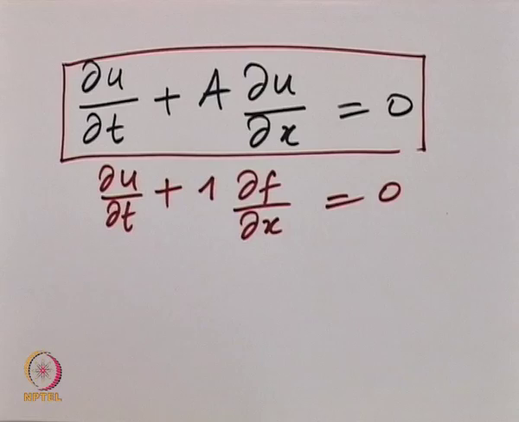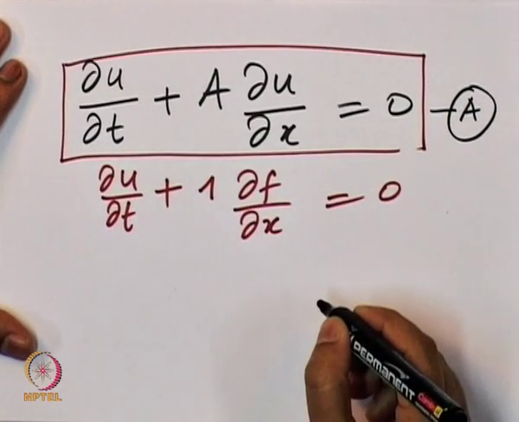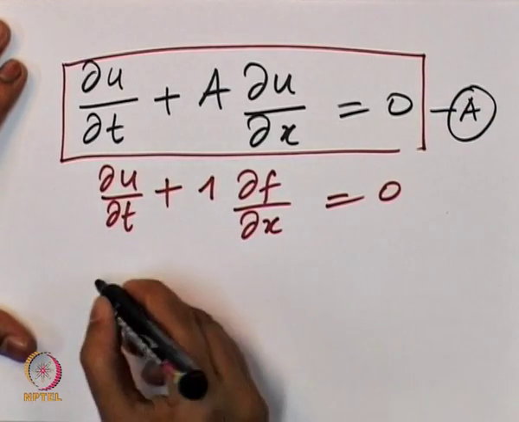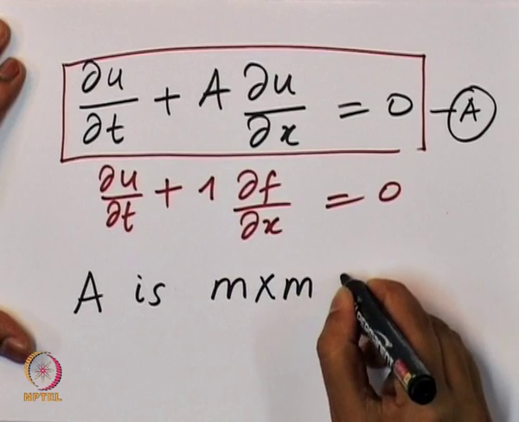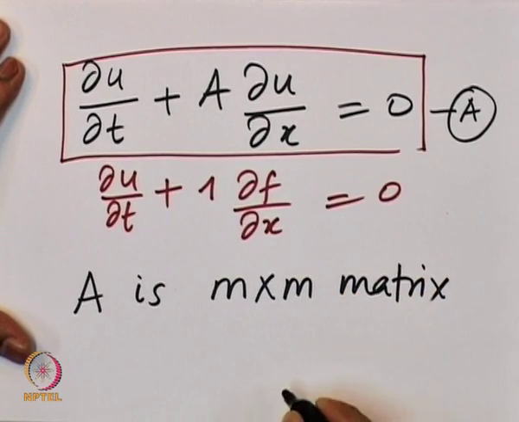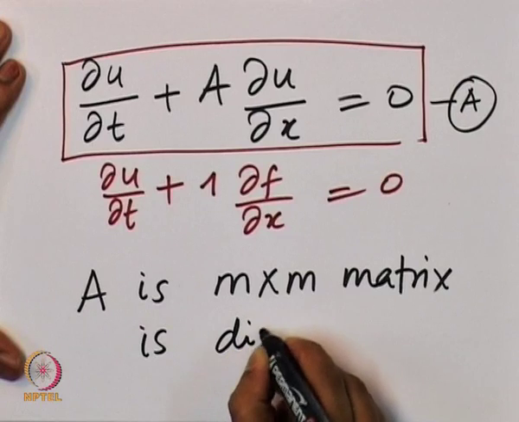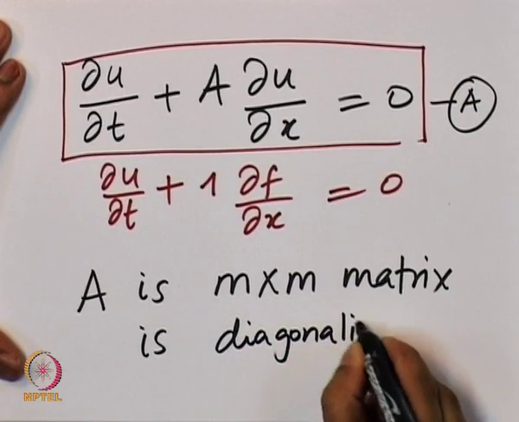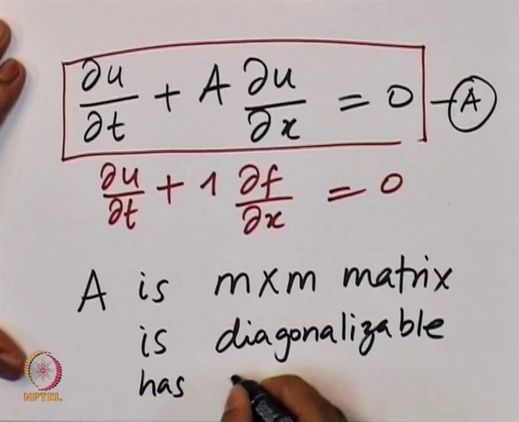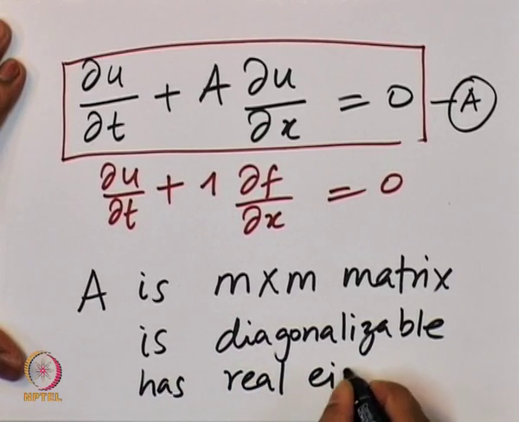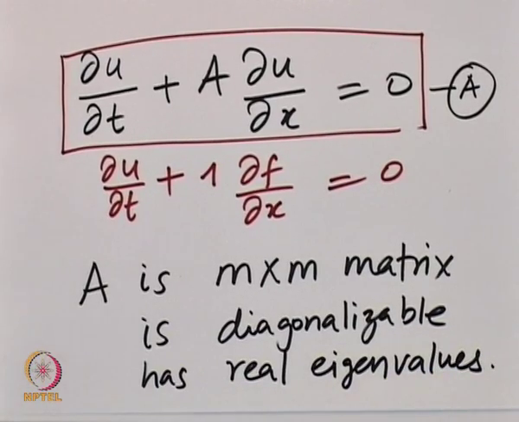So we say that this equation is hyperbolic if A is an m by m matrix, and A is diagonalizable, and A has real eigenvalues.